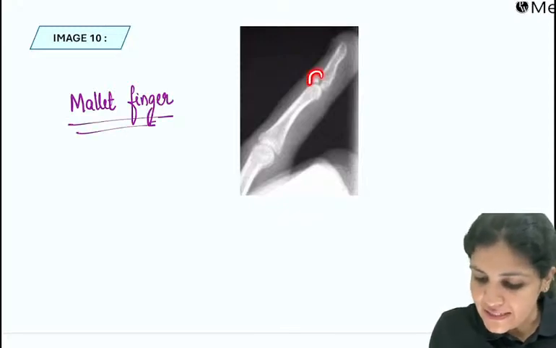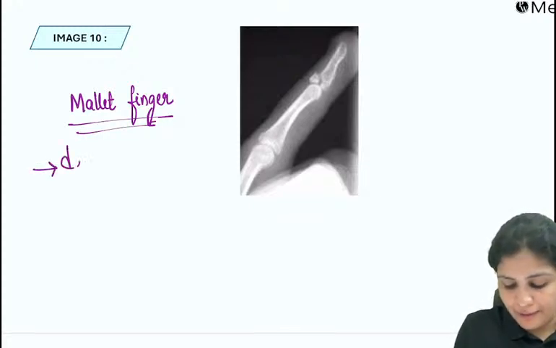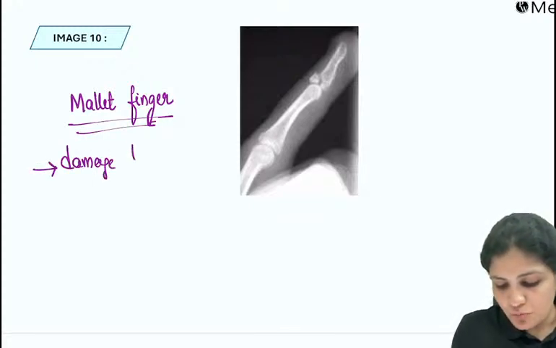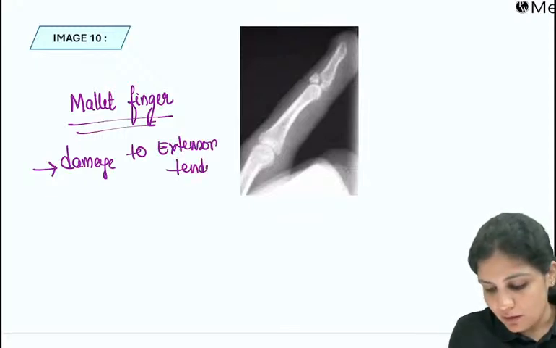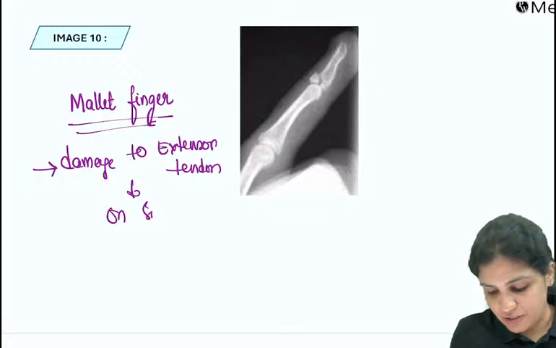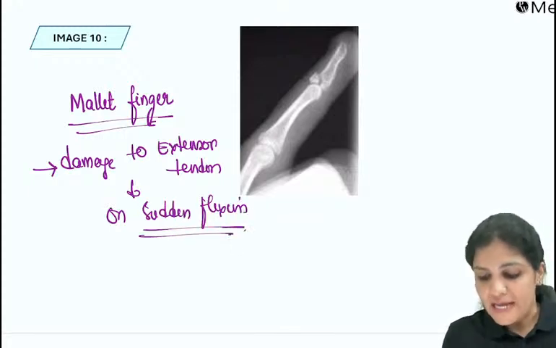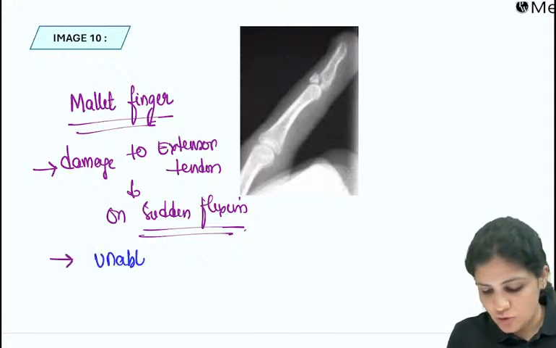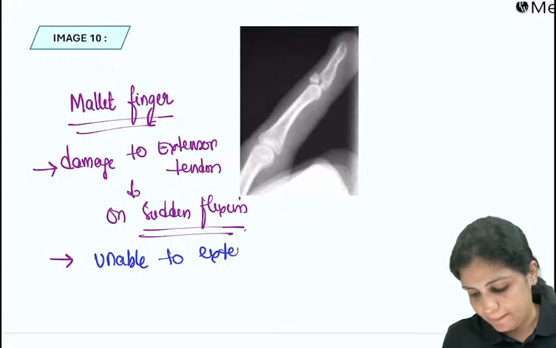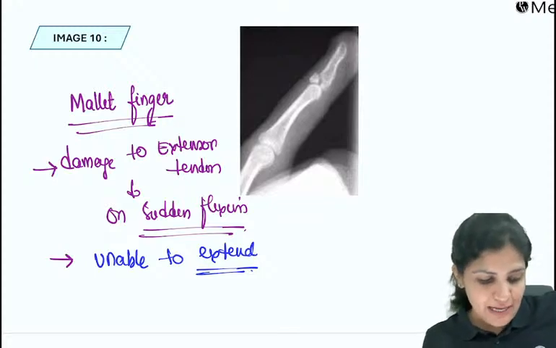If you can see, this is the fracture. And this mallet finger is nothing but a damage to the extensor tendon on sudden flexion, right? On sudden flexion, if there is a damage to the extensor tendon, this is called a mallet finger. Patient will be unable to extend, right? So this is a mallet finger. Mallet finger, patient is unable to extend, right?